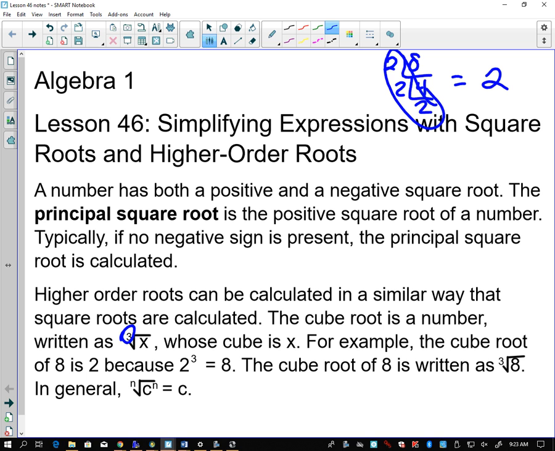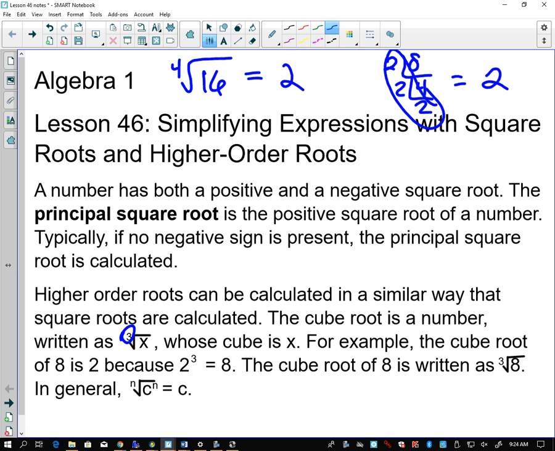And if we were looking for, say, the 4th root of 16, the 4th root of 16 is 2, because if I took 16 and got it into primes, I would find 4 2s. Does that make sense? So the 5th root of 32 is 2, because there are 5 2s that make up the number 32. Do we follow some of the logic here? Okay, great. So the cube root of 8 is written as a 3 with a radical over 8.